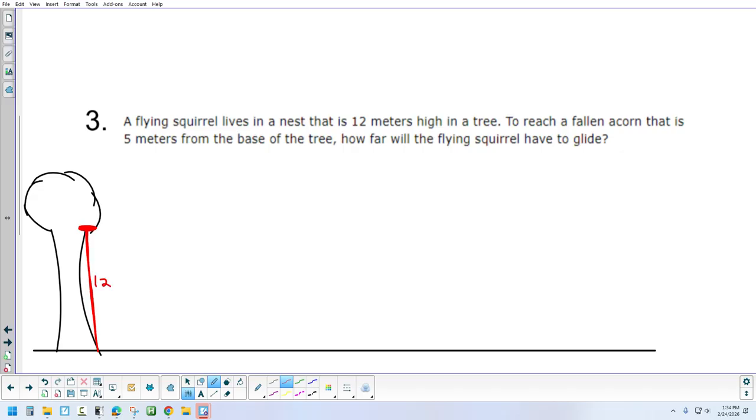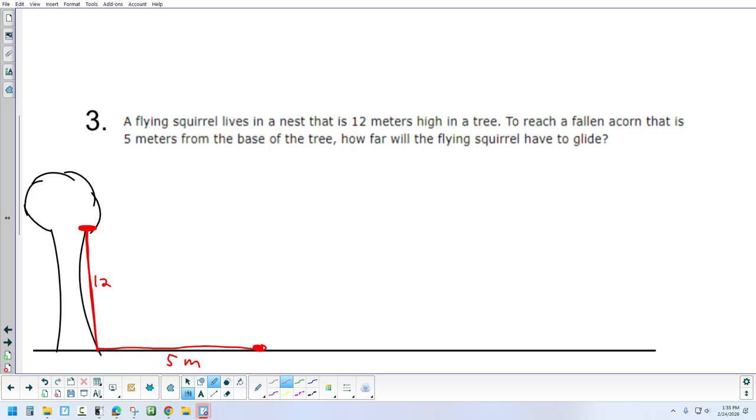So that's 12 meters. Now it says that there's an acorn on the ground, and how far is the acorn from the tree? How far does it say the acorn is from the tree? Yeah. 5 meters. Let's put the acorn right over here. There's the acorn. And that acorn is 5 meters away from the tree.